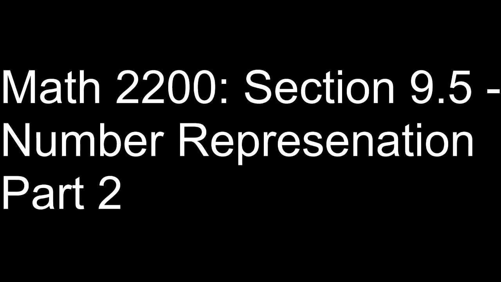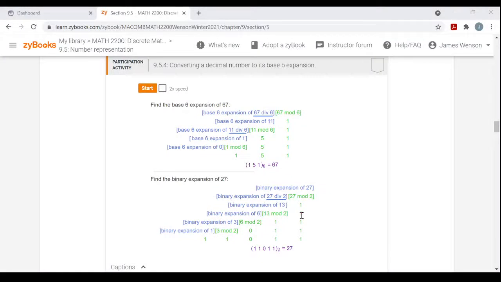This is just going to start where I left off in that last video on number representation, which was here. It was in this activity where you were given a number in decimal and asked to find its base whatever expansion, right? Represent it in a different base other than 10.